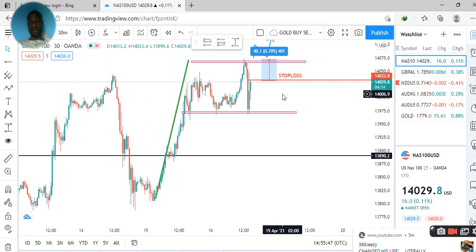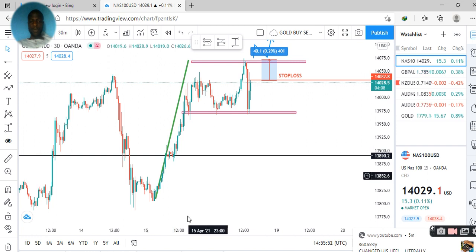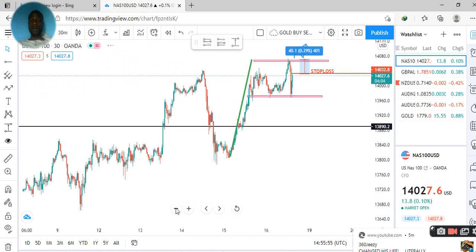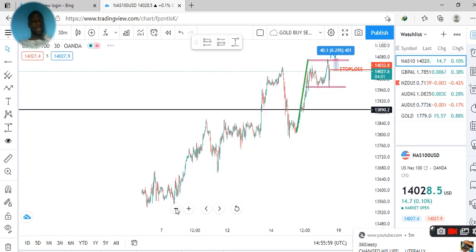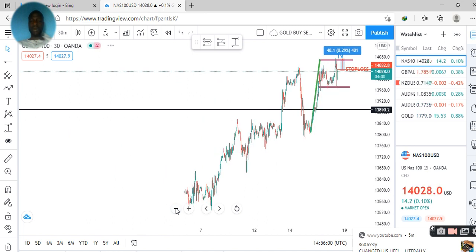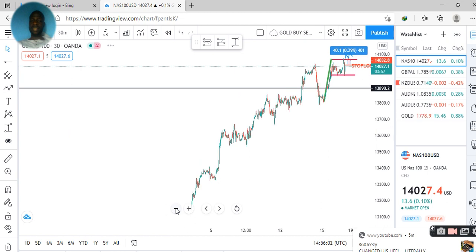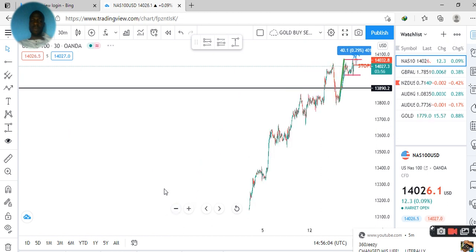Okay, so this is my trade idea for Nasdaq. I believe it's going to continue to go up because price just broke out of a major area. Which major area was that?